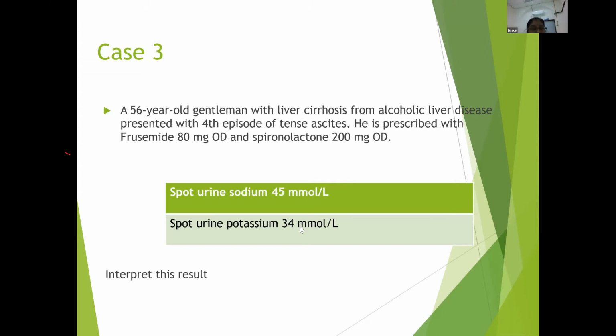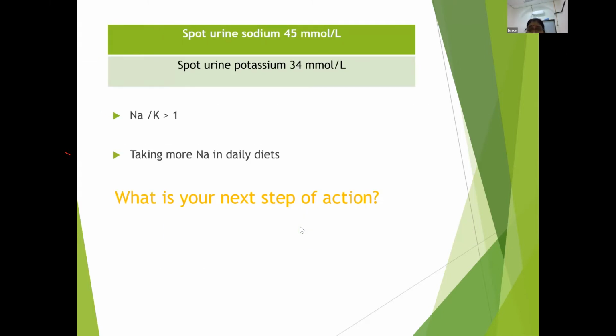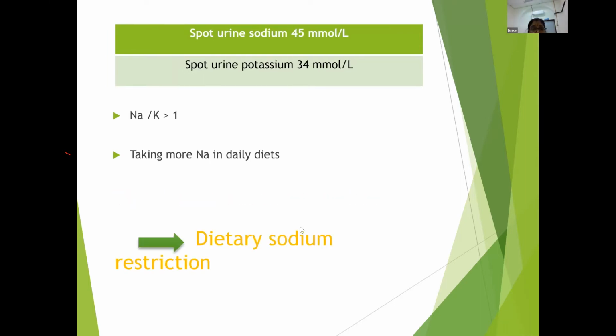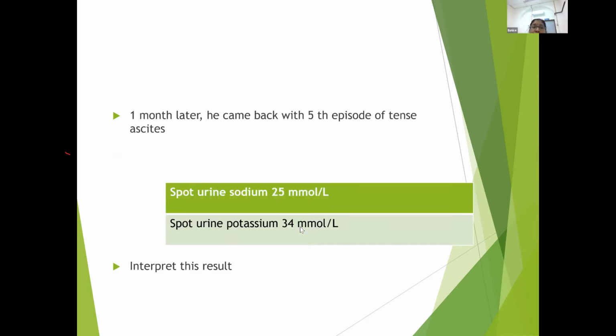How do we interpret these results? The ratio of urine sodium over potassium is more than 1. That means he's taking more sodium in his daily diet. So what we do next is restrict the sodium in his diet. We continue the diuretics.